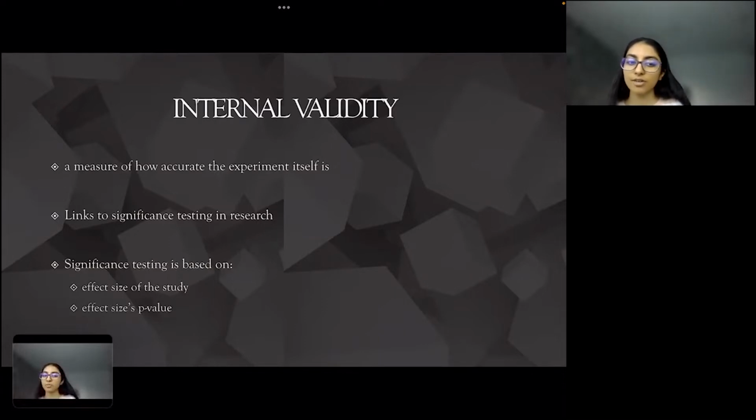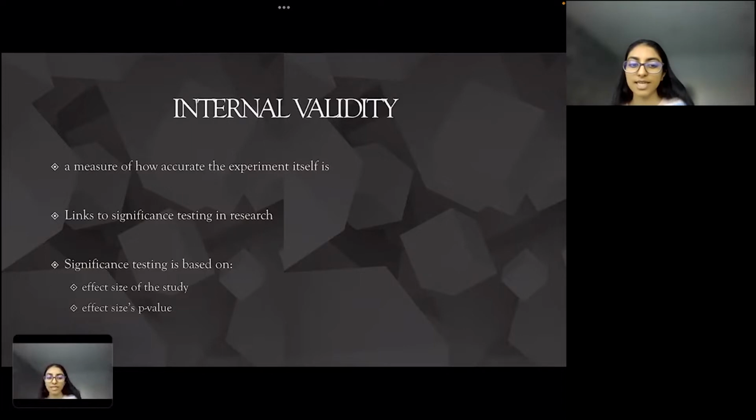Internal validity is concerned with the relationship between variables, whereas external validity, which I will come on to in a bit, is more concerned with the universality of the result. So how can what you've learned within this sample be translated across?